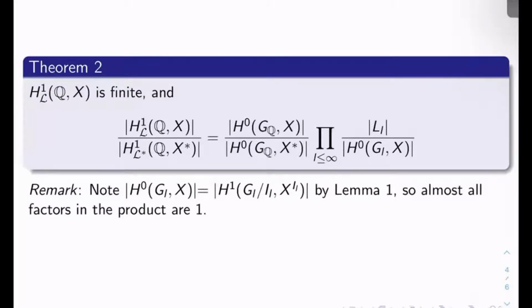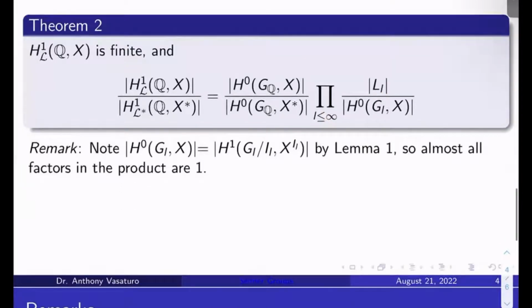And more importantly, the size of H^1_L(Q, X) over the size of H^1_{L*}(Q, X*) equals the size of H^0(G_Q, X) over the size of H^0(G_Q, X*), times the product over all primes l less than or equal to infinity of the size of L_l over the size of H^0(G_l, X).